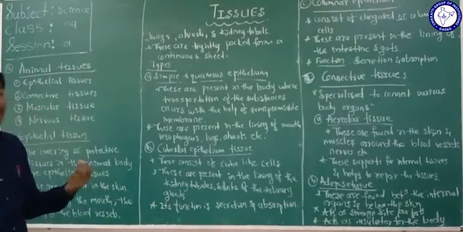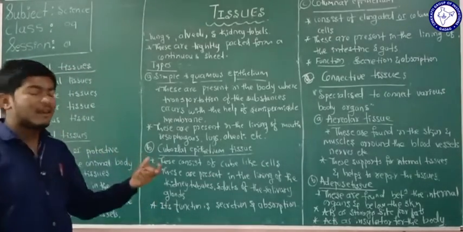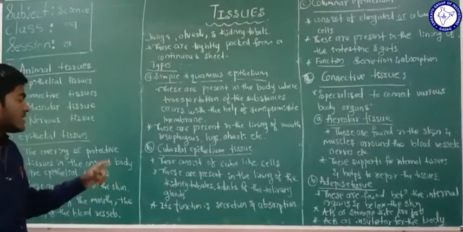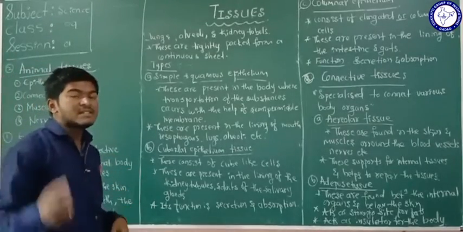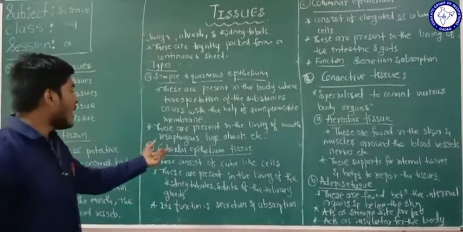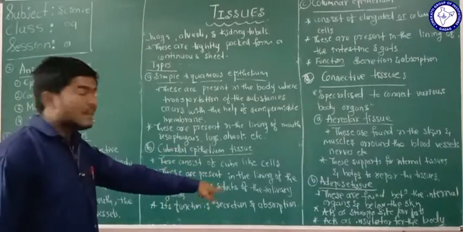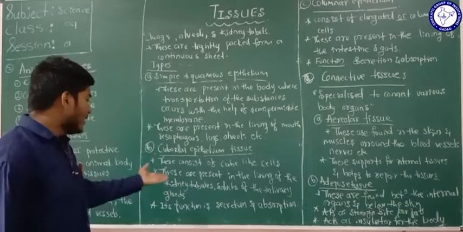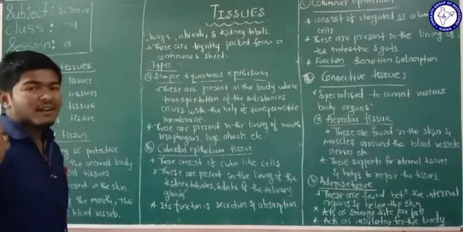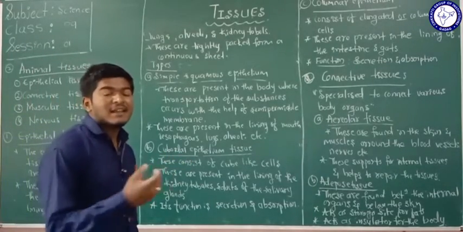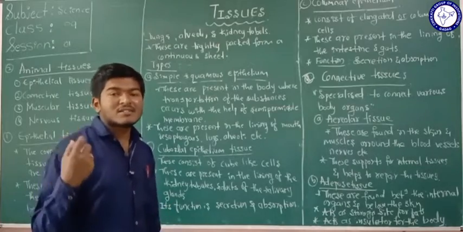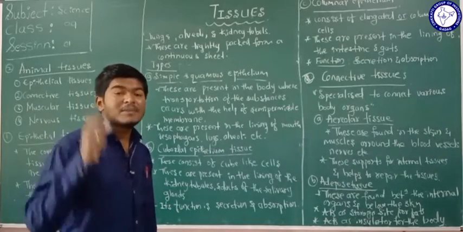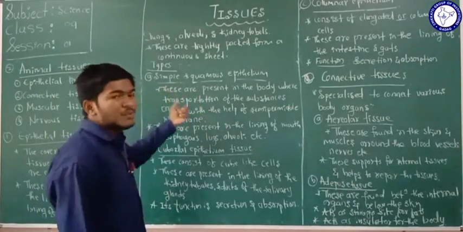And what is the function of these cuboidal epithelium tissues? Its function is secretion and absorption. These are present in the salivary glands, in the kidney tubules, and in the lining of the ducts. The oxygen and water supply will be supplied by the transportation of the blood.